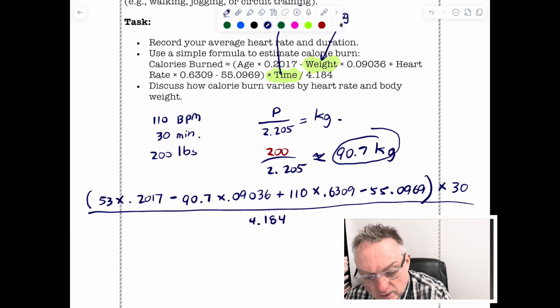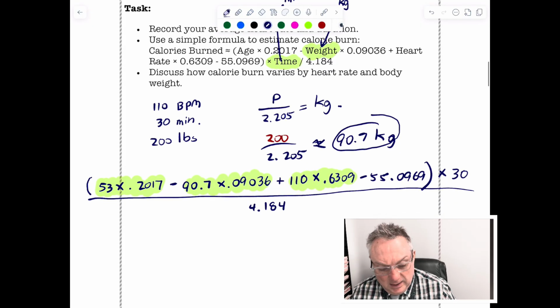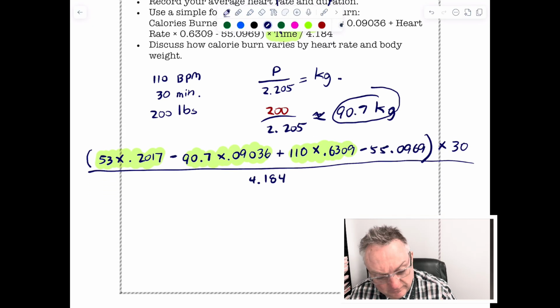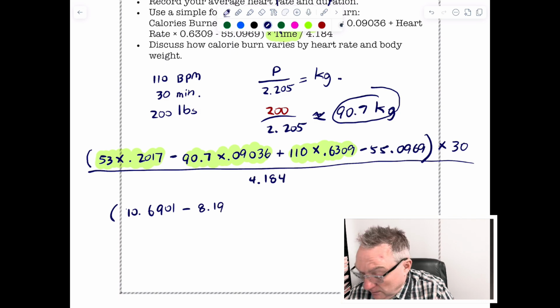And so I do order of operations. I'm going to do multiplication first. I'm going to multiply these two, these two, and these two first. That gives me the first, 53 times the 0.2017, which comes out to 10.6901. Minus the 90.7 times the 0.09036, which comes to 8.19562.